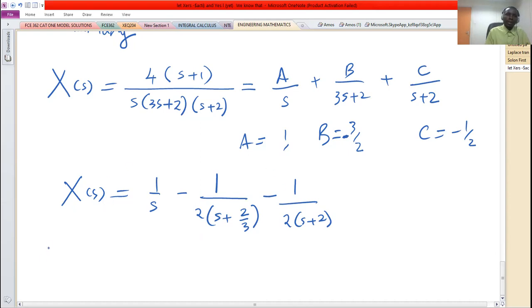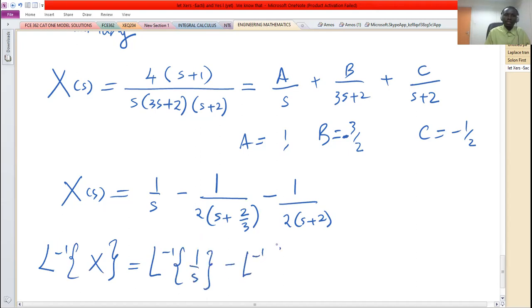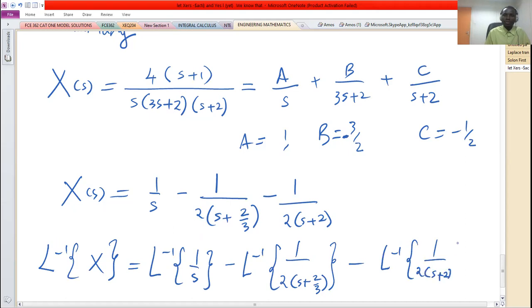So then applying inverse Laplace transform, we'll have inverse of 1 over s minus inverse of 1 over 2 into s plus 2 over 3 minus inverse Laplace transform of 1 over 2 into s plus 2.